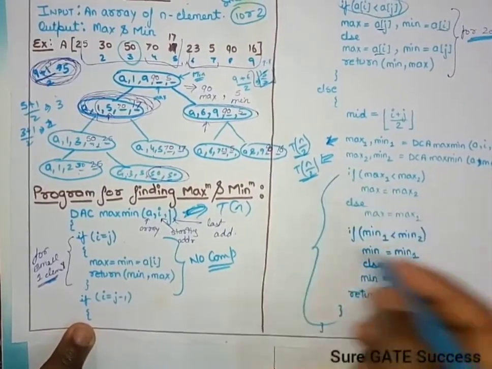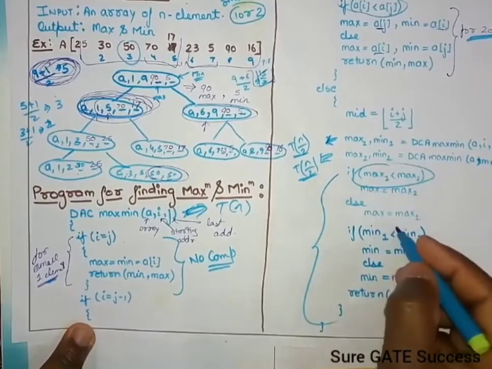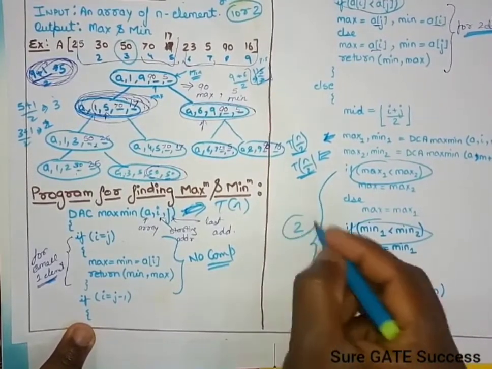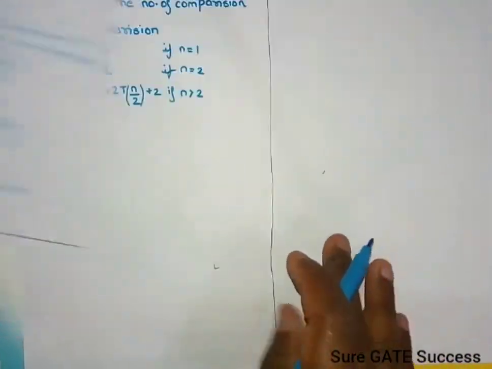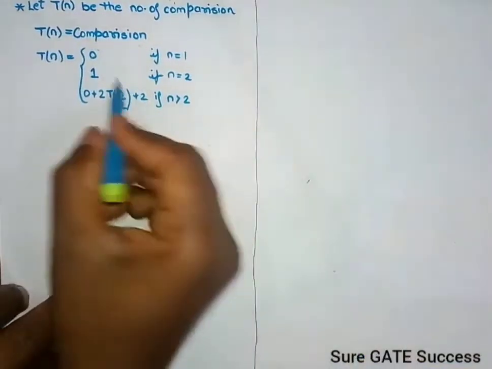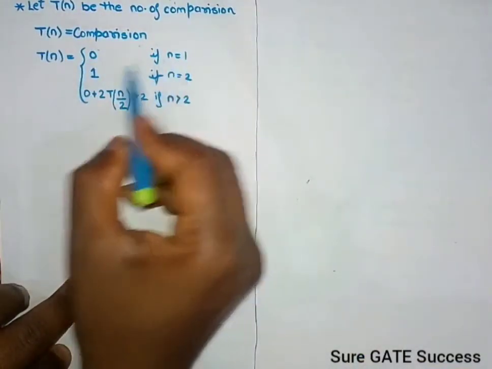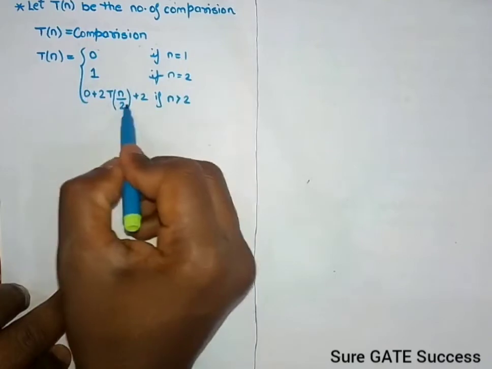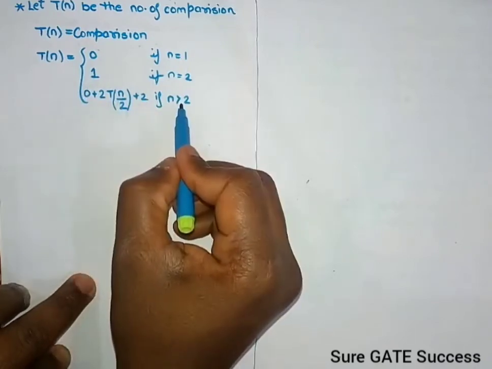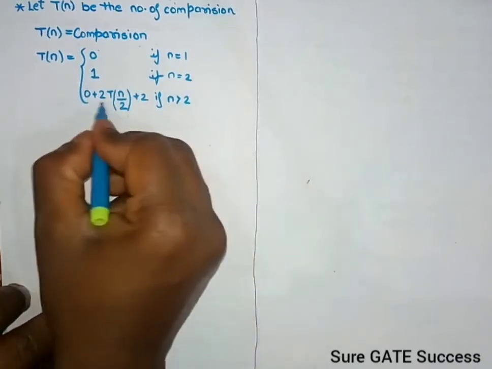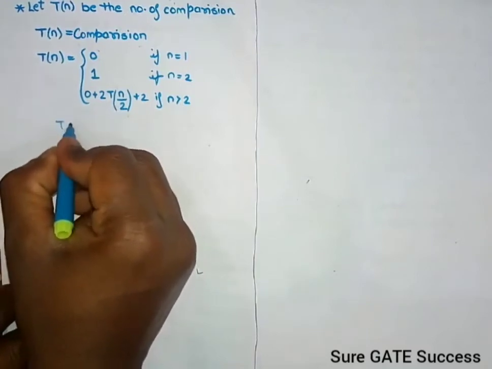And how many comparisons are there? One is this, another one is this, so two comparisons are there. This is the same I have written here: no comparison if one element, one comparison if two elements, and this much comparison if more than two elements. So we can solve it by the substitution method. Let's solve it.